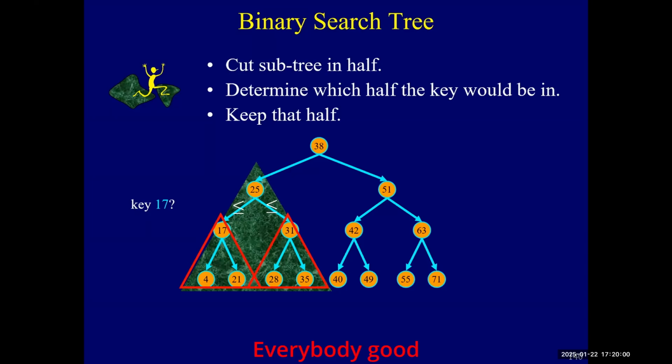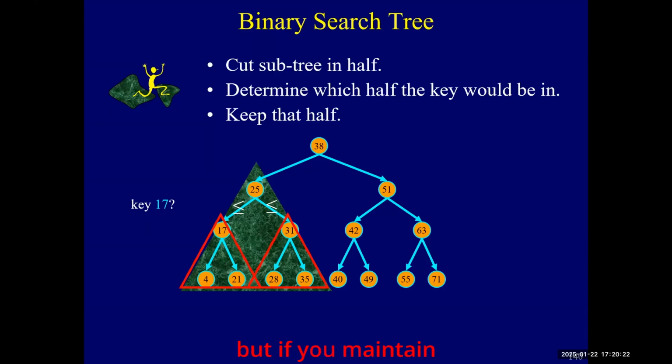Everybody good? What's the running time? I'm going to say close. The reason I'm going to say close is that the running time is the height of the tree. And hopefully that's log n, right? If it's not balanced, it might not be.